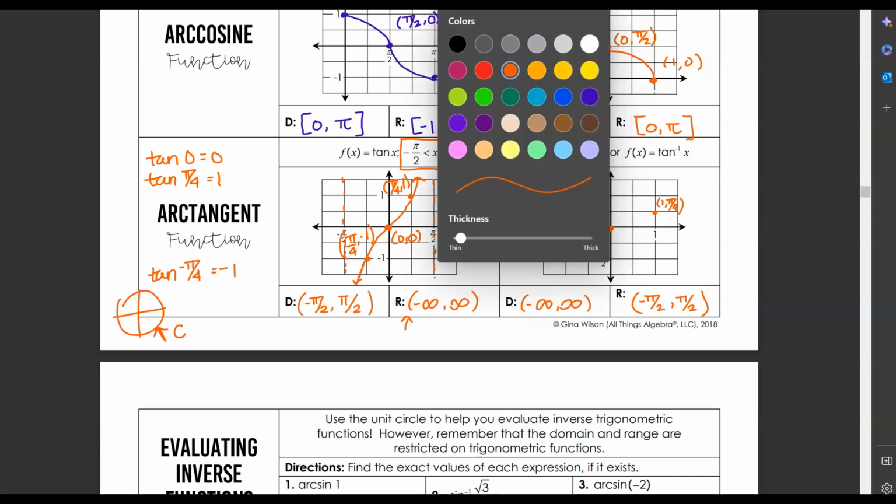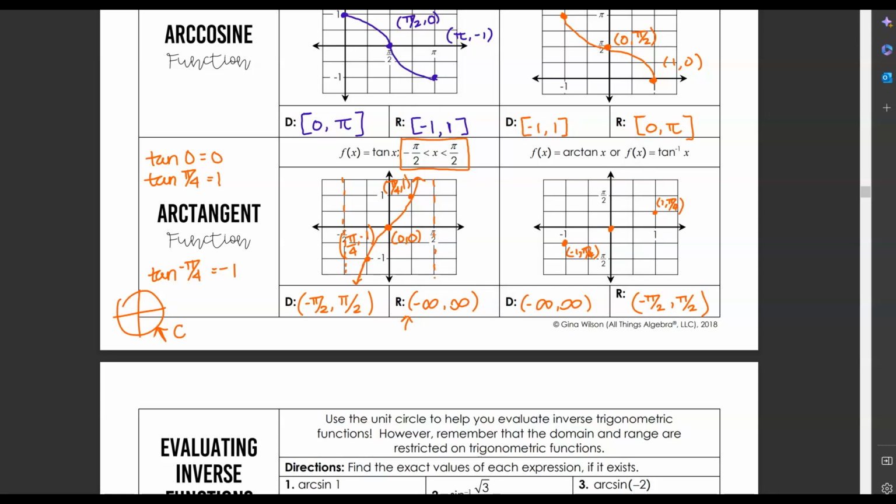Just like tangent has those vertical asymptotes, arctangent is going to have some horizontal asymptotes here. And so our function is actually going to be the reflection of the tangent function.